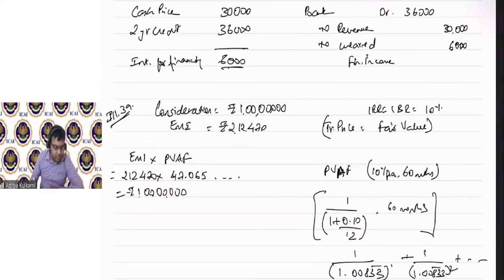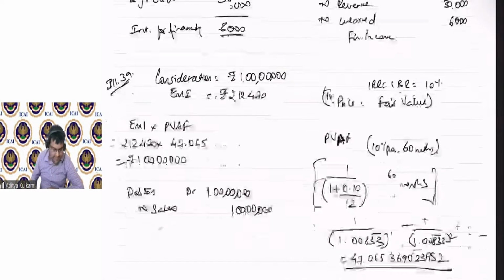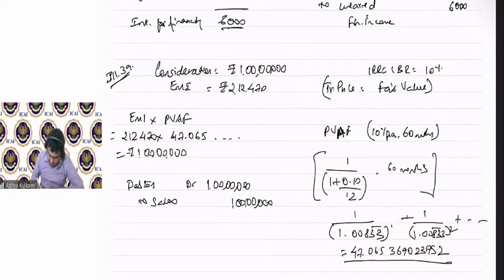So the entry that you are going to pass is, first one, debtors account debit to sales, 1 crore. Next, month 1, the entry will be debtors account debit to finance income.